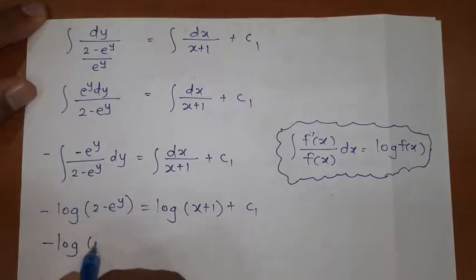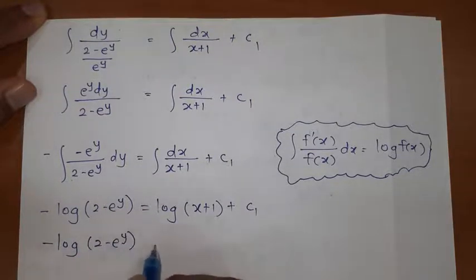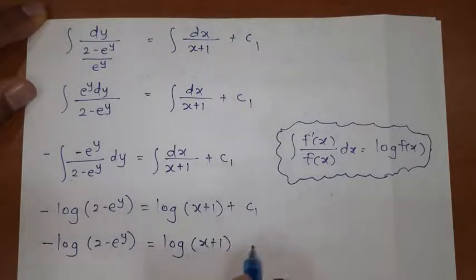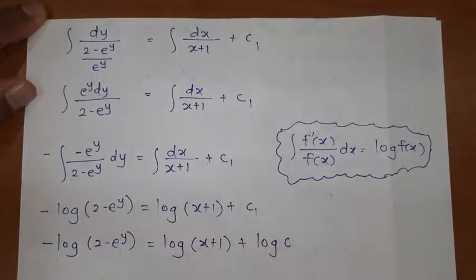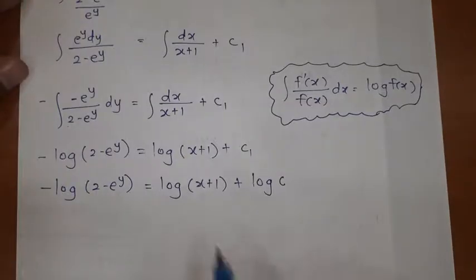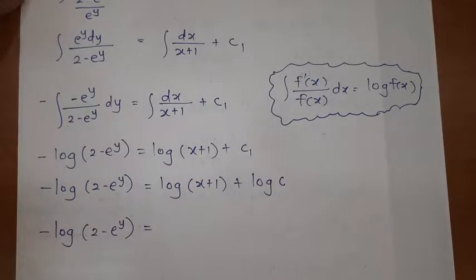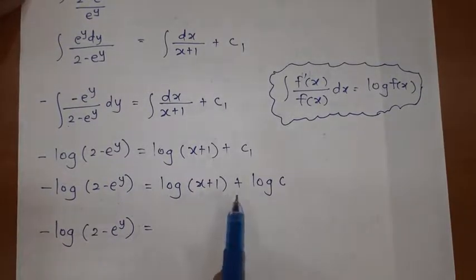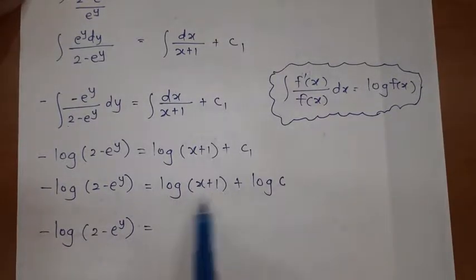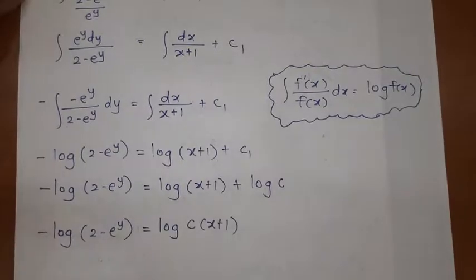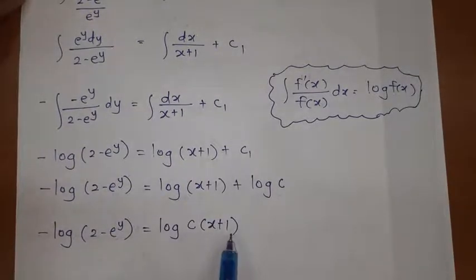Log 2 minus e raised to y is equal to log x plus 1 plus log c. You know the property of log: log a plus log b means log a into b. So this is log c into x plus 1.